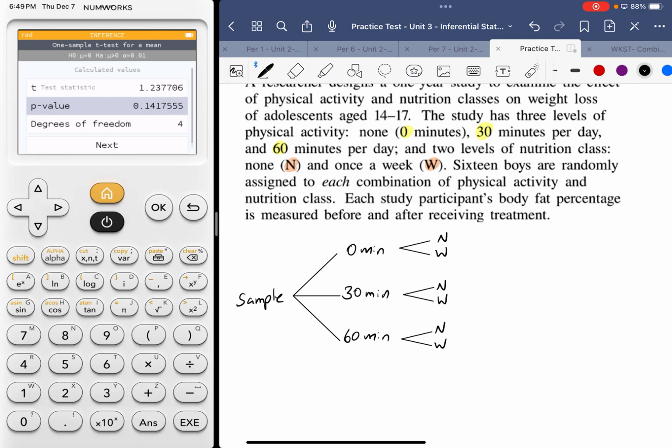So 16 boys are randomly assigned to each combination of physical activity and nutrition class, and their body fat is measured before and after receiving treatment. In the sampling process, we have our individuals. Before we do anything, we would measure body fat for each individual. And we're going to do that again.